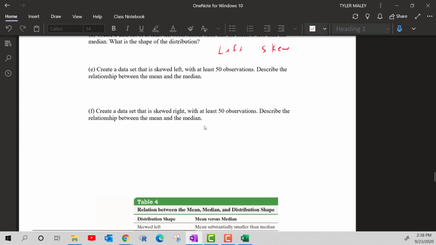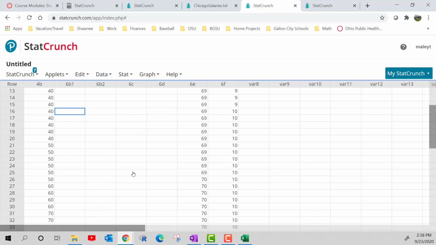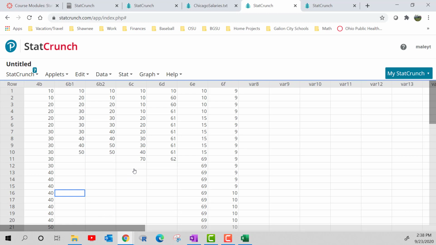And then parts E and F, we want to have something with 50 things in it, so I definitely wanted to give you a preset data set for that. So 6E and 6F have the 50 data points in them. For part E, we want to create a data set that is skewed left with at least 50 observations. Describe the relationship between the mean and the median.